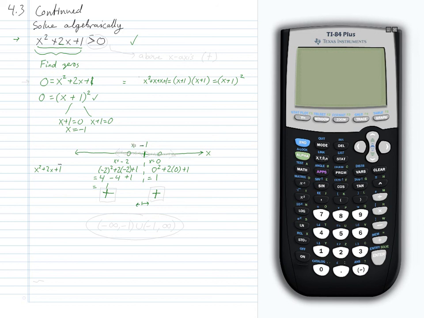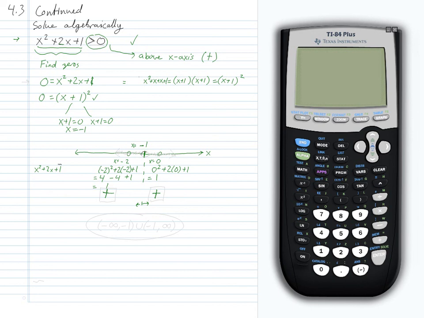So let's go back and see what we're trying to accomplish. Well, we want to be greater than 0, so we want to be above the x-axis. In other words, we want to be positive, and strictly positive. We don't want zeros.